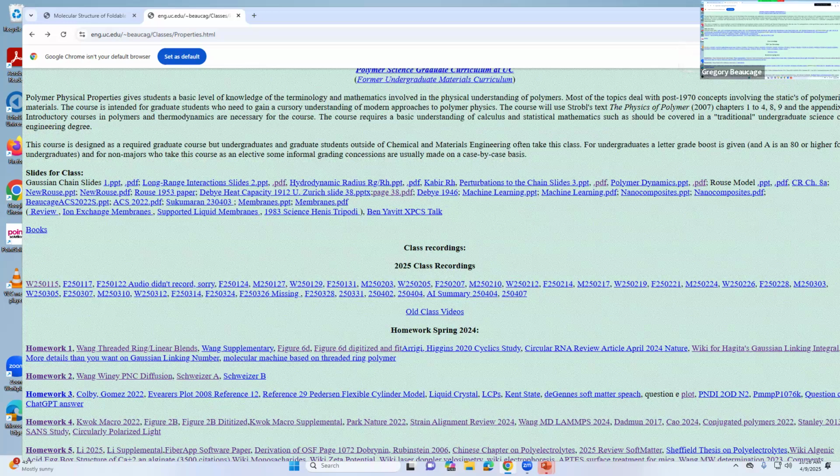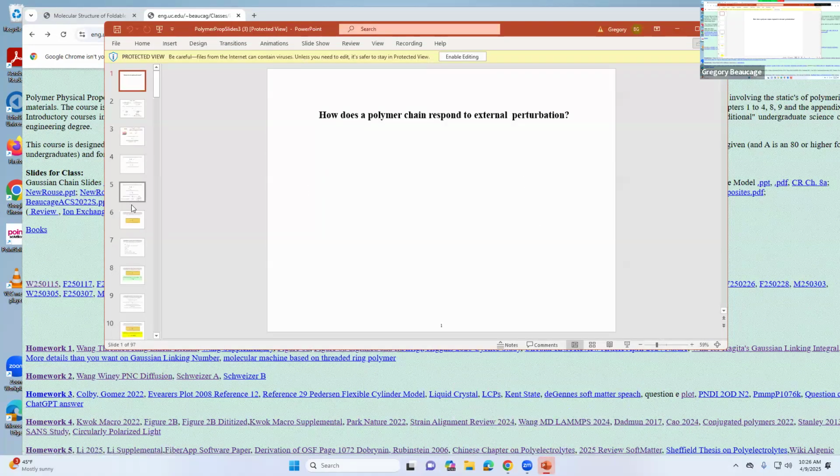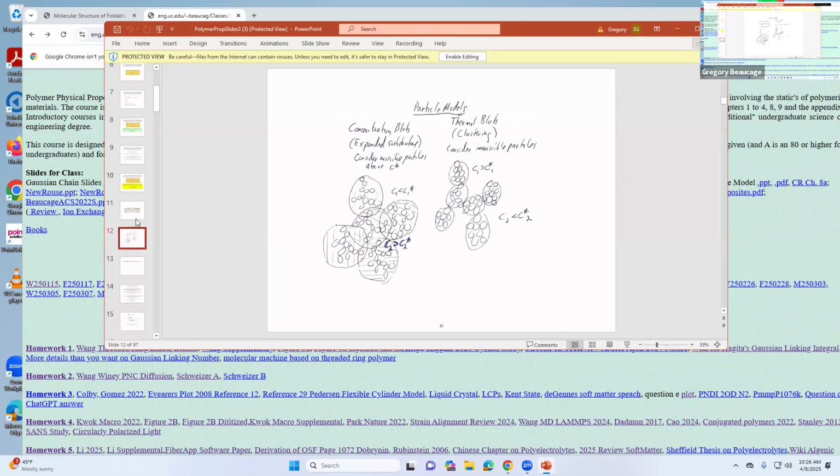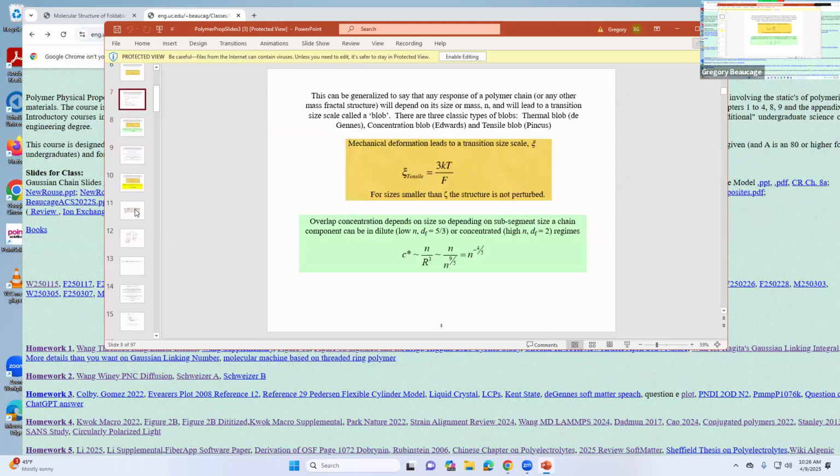Maybe it didn't open because it's already opened. Does this have red stuff? No. All right, so somehow I didn't download the other one. Anyway, it doesn't matter that much.